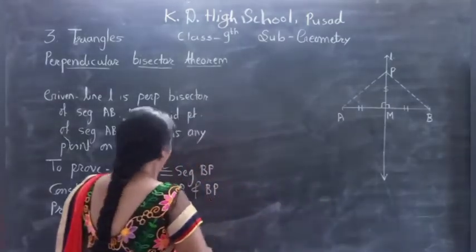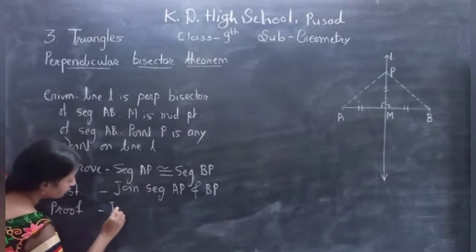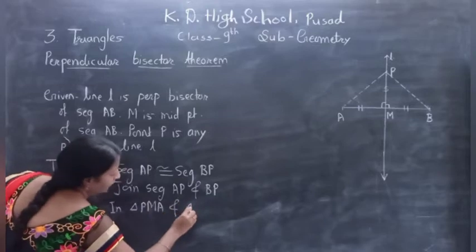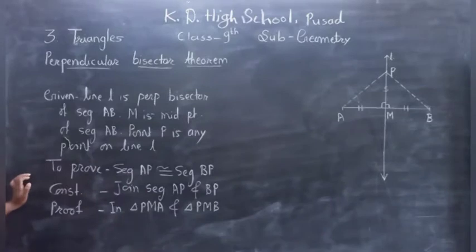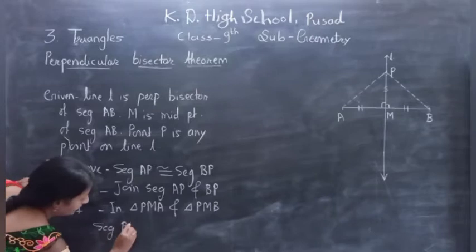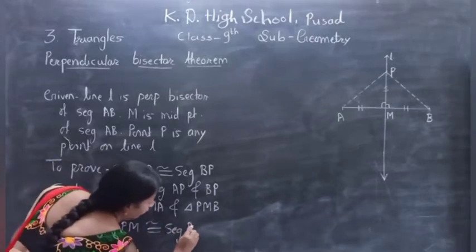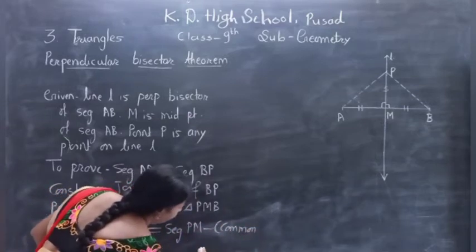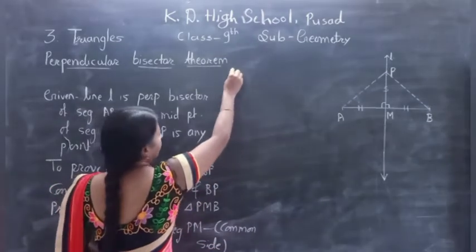Okay, we write in triangle PMA and triangle PMB. First of all, segment PM is congruent to segment PM. Reason, that is the common side. You have to write the reason in front of each step.